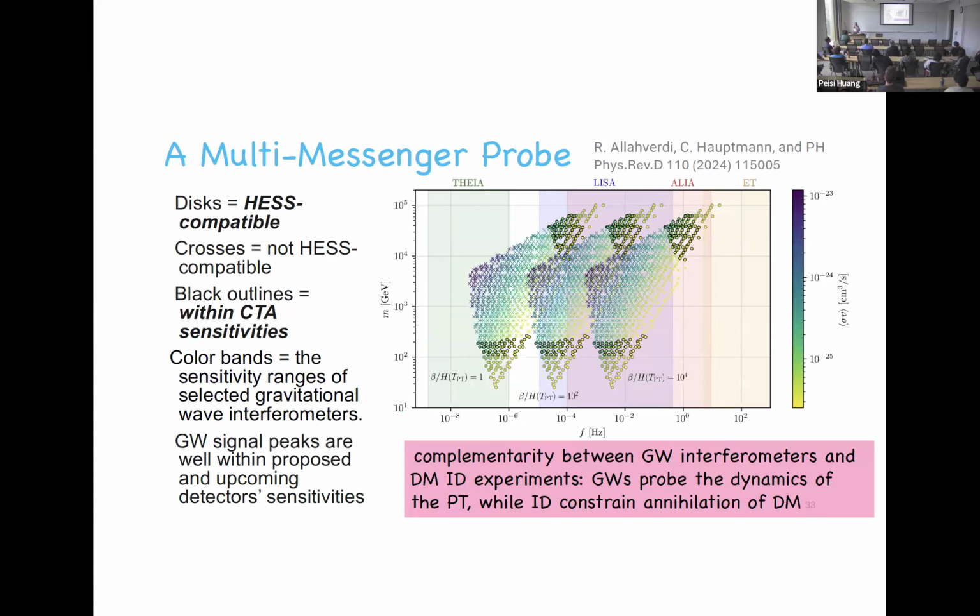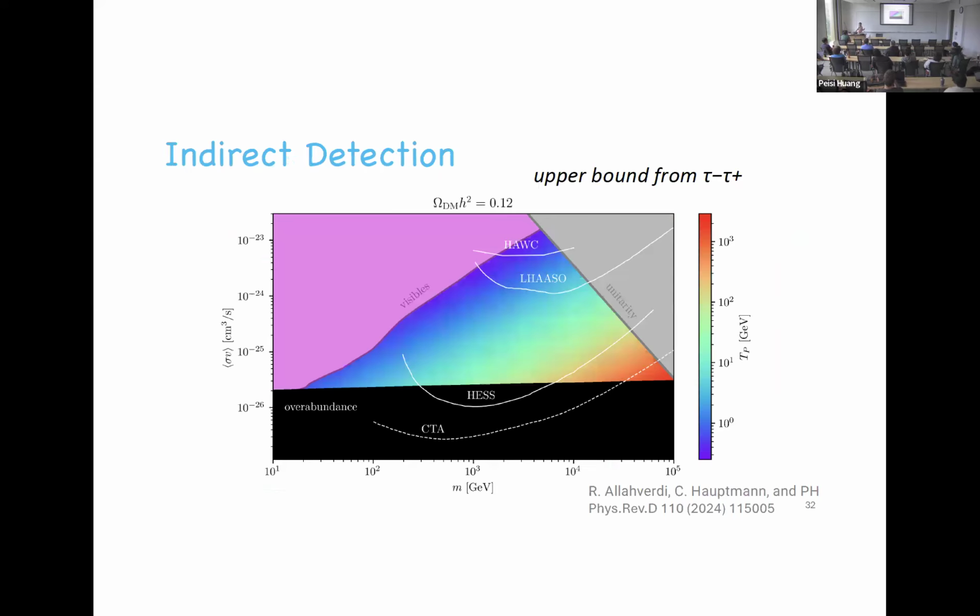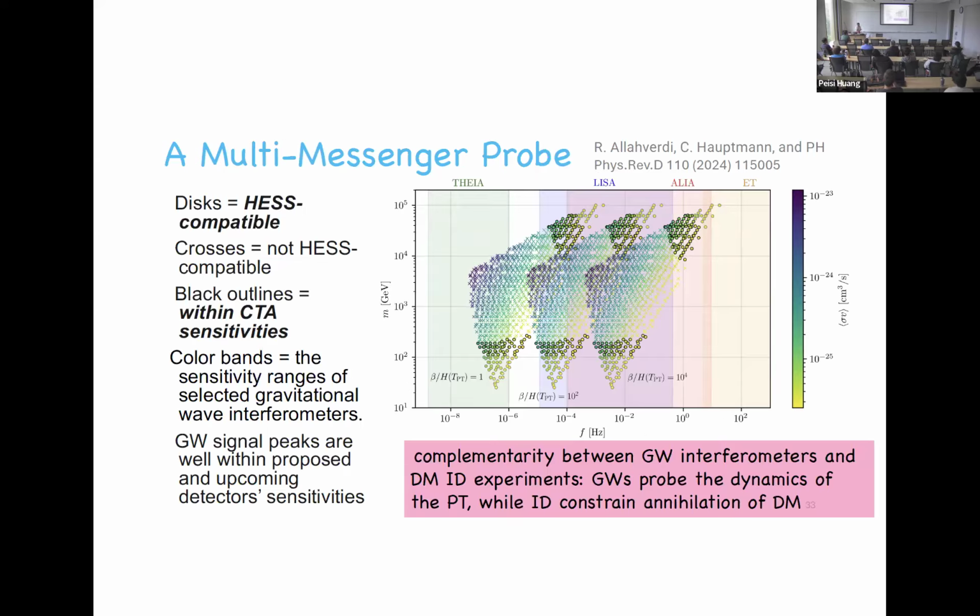Okay, so indirect detection and gravitational wave together provide a powerful multi-messenger probe for this scenario. The disks here are the points that are compatible with HESS, and the crosses are the points that will be excluded by HESS from tau plus tau minus. But all points here are from this open triangle. So if you do a model independent analysis, all those are still there.